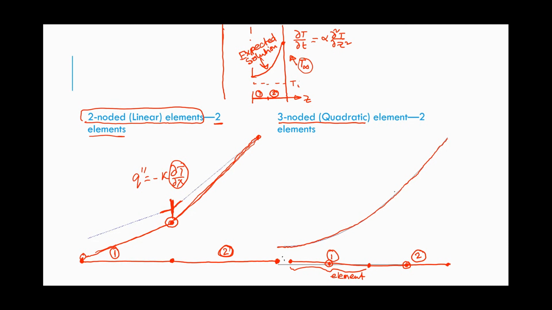Here, on the other hand, you can see the solution is quite smooth. By having this extra node, it allowed more degrees of freedom, better ways to fit the true solution, and it is most likely closer to the true solution.